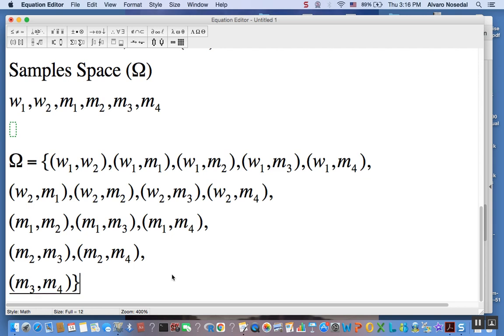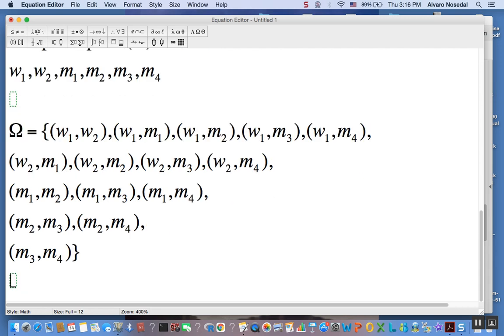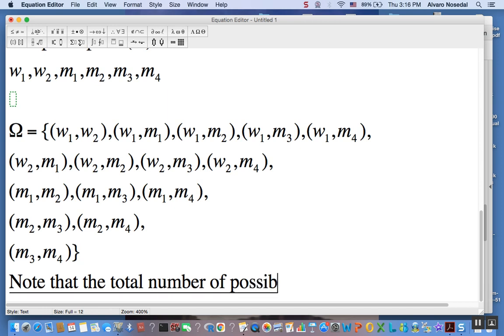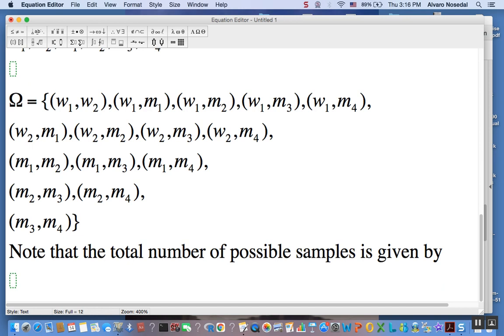the total number of these sequences equals 6 choose 2, right? Let's write that down. Note that the total number of possible sequences, or in this case, well, we have samples, is given by 6 choose 2, right?